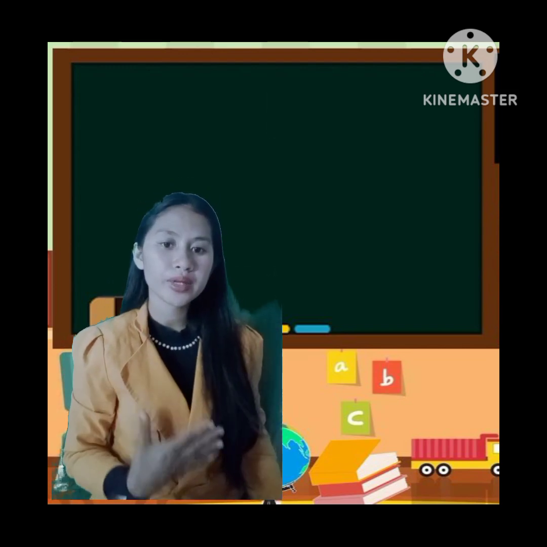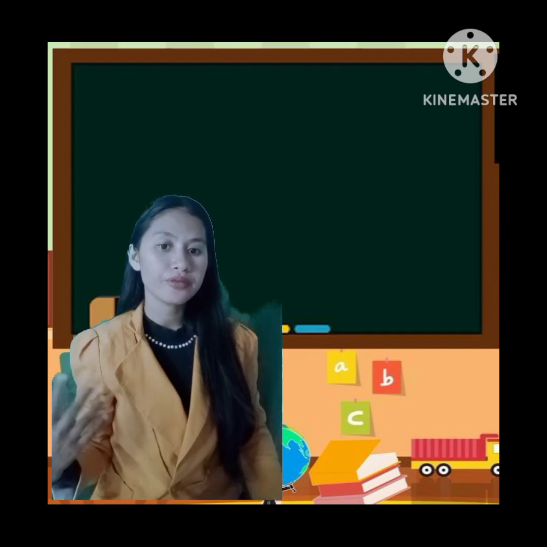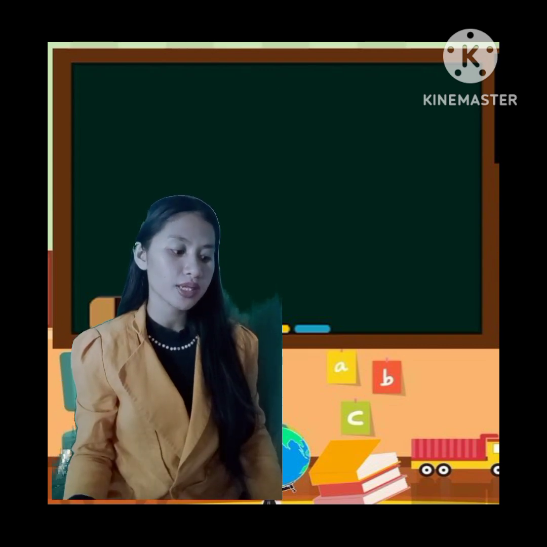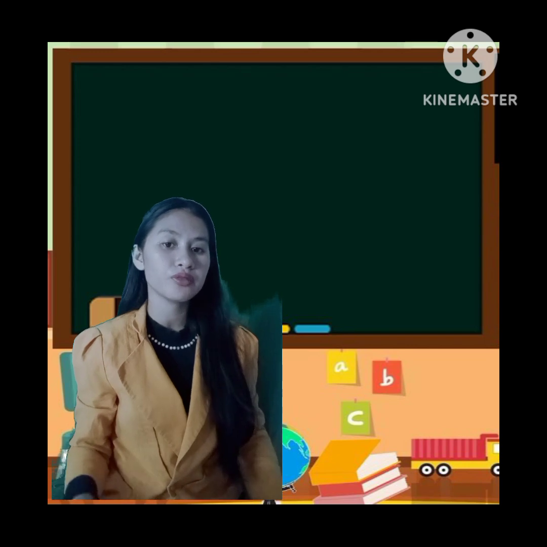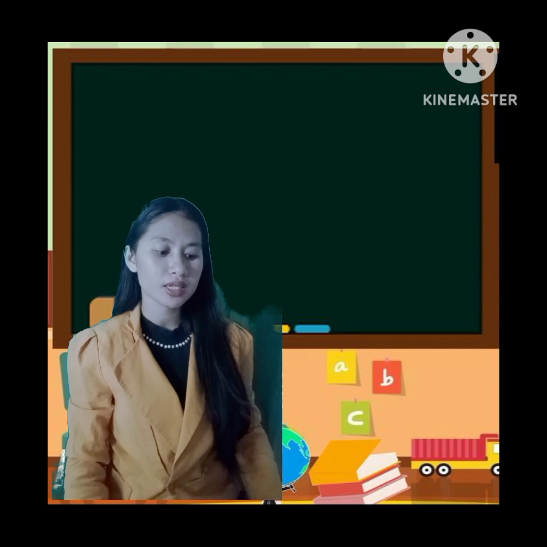So I have already discussed the topic. I explained it very well. And we also have done an activity in which I made you make your own sample of flip chart, bulletin board and flannel board. So I assume that you have learned from the discussion.